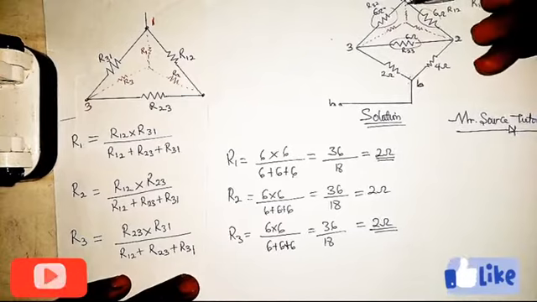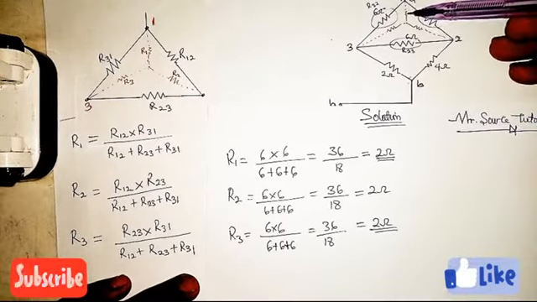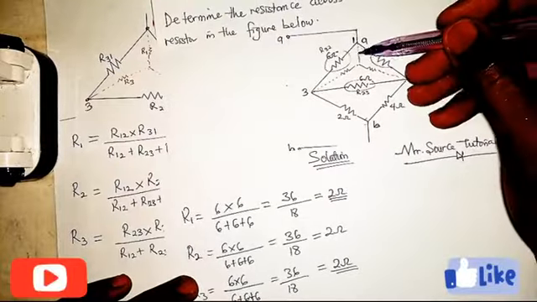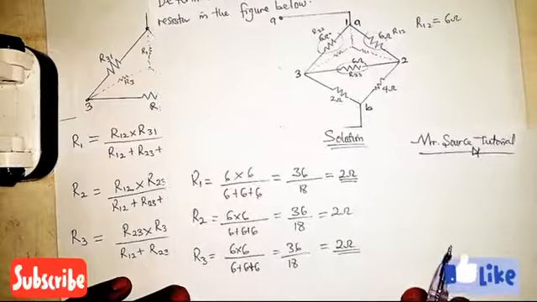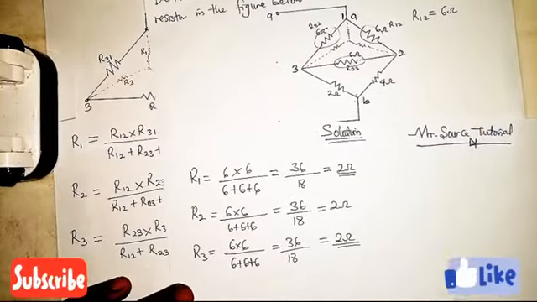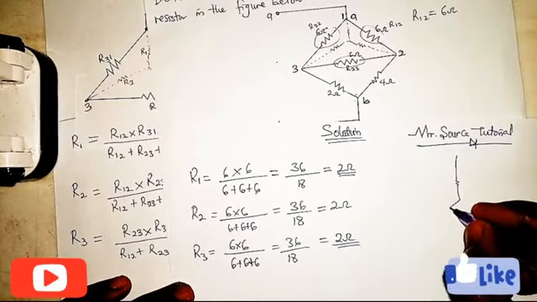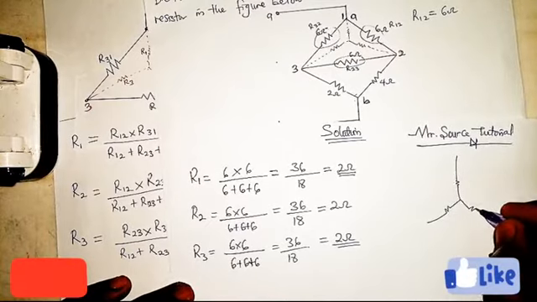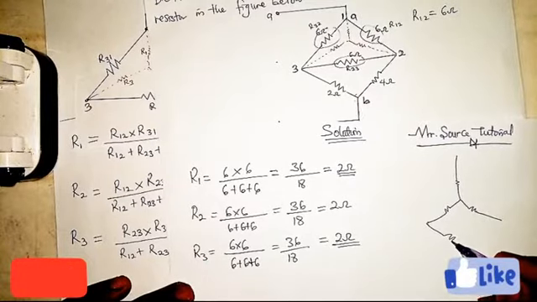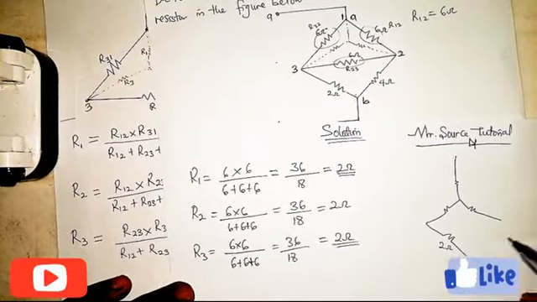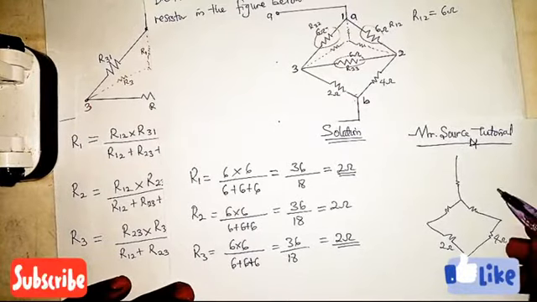Now having this value of resistances, we put the values into this circuit, redrawing the circuit again using this star instead of this delta. So redrawing the circuit now, we're going to have something of this nature. We'll have something like this, 2 ohm, something like this, 4 ohm, something like this.